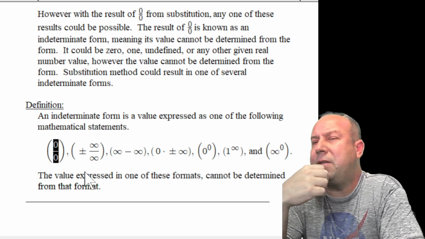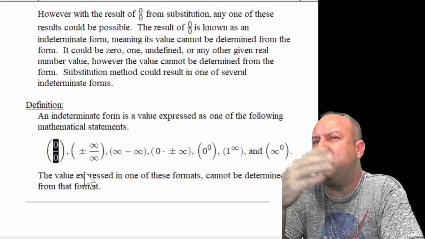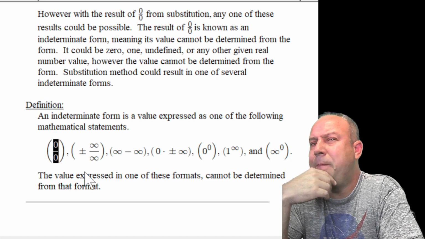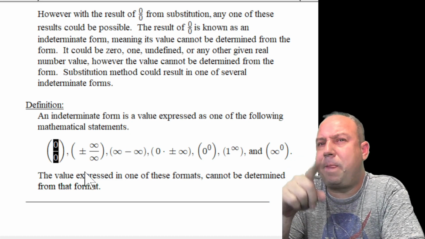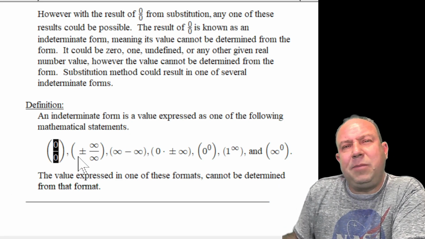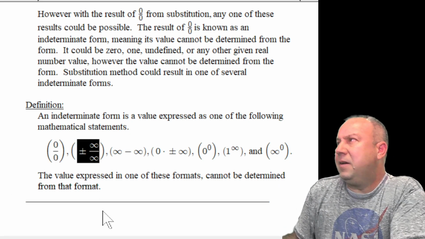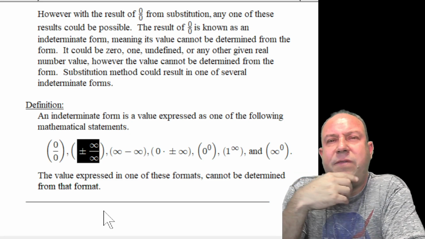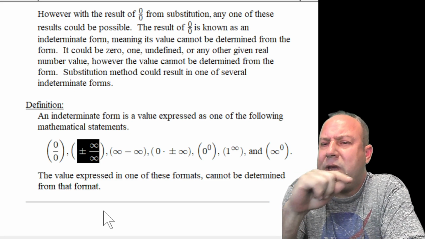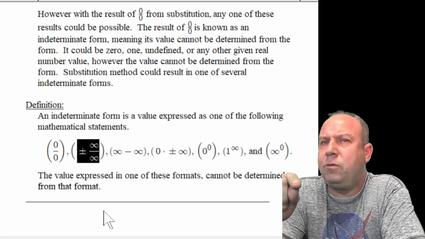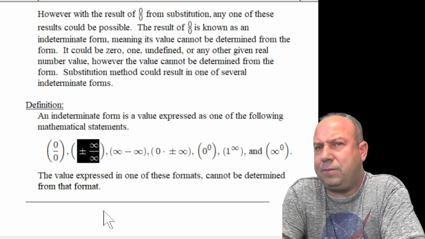If we go back and look at substitution method, we've had some 0 over 0s in those cases. And we had a way to handle that. And limits at infinity produce infinity over infinity results. And we have a method to still work through those and find our value.